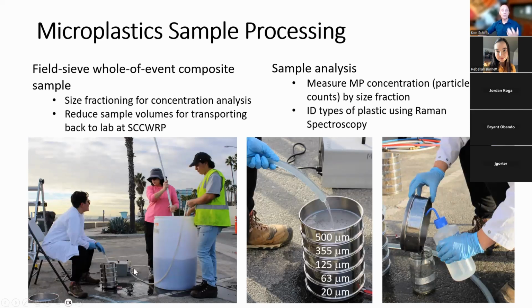Once you have these in the sieve stack, you can bring the sieve stack back to the lab and analyze those samples for microplastics, either doing particle counts on each of the sieves, or you can weigh them, or you can use advanced spectroscopic techniques like Raman.